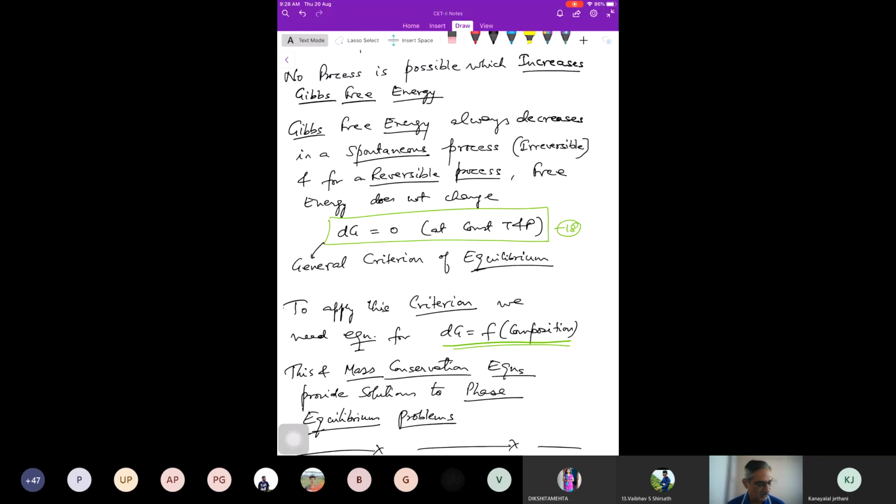So this and the mass conservation equation provide the solution to the phase equilibrium problem. We'll see how we use these conditions. That's what we are going to do, different derivations, and then we'll actually apply them to phase equilibrium. This is all groundwork, the base foundation for actually doing vapor liquid equilibrium or liquid equilibrium.